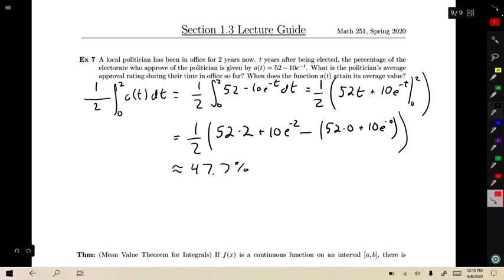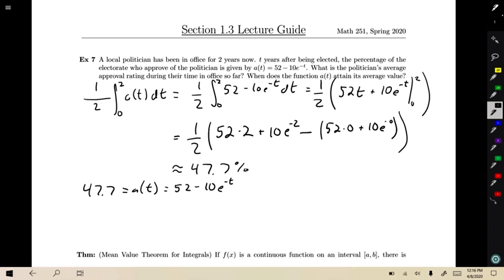So we've answered the first question, but we still have the question, when does the function A of t attain its average value? This means when is the approval rating exactly equal to 47.7%? So here we want to say, well, 47.7 equals A of t, which is 52 minus 10e^(-t).